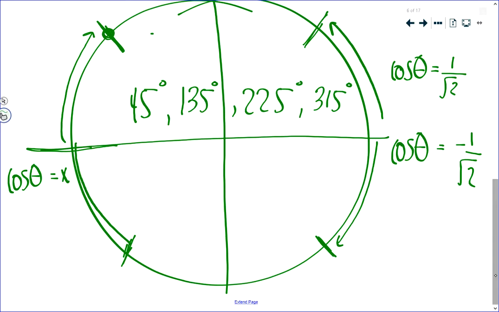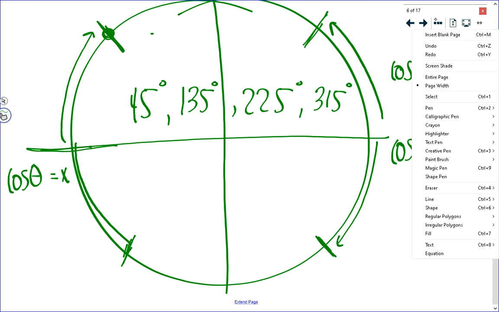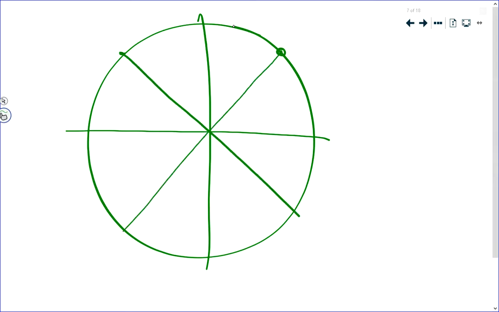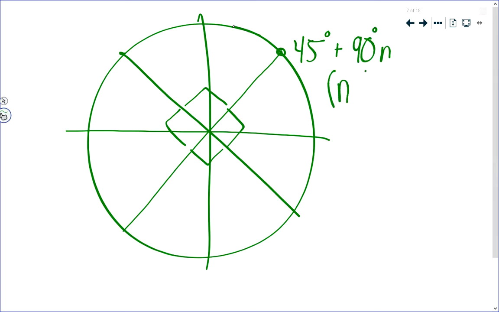But what you'll notice, I'll show this to you on a different page, is that when you have that circle and you have those four positions, those four positions are all 90 degrees off from each other. So the general solution can simply be written as 45 degrees plus 90 degrees times n, where n is an element of the integer set.